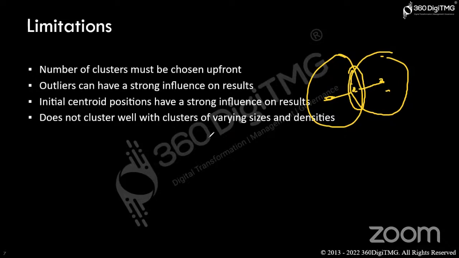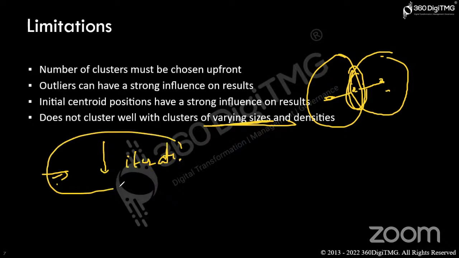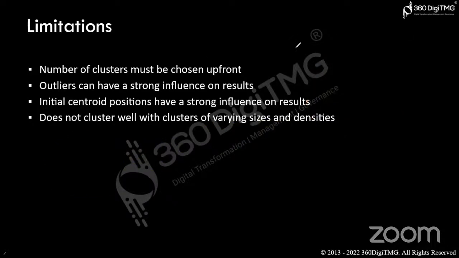It will keep changing. If you have formed one cluster in the first iteration and you do a second iteration, you won't get the same values. It is also one of the limitations when it comes to k-means clustering.